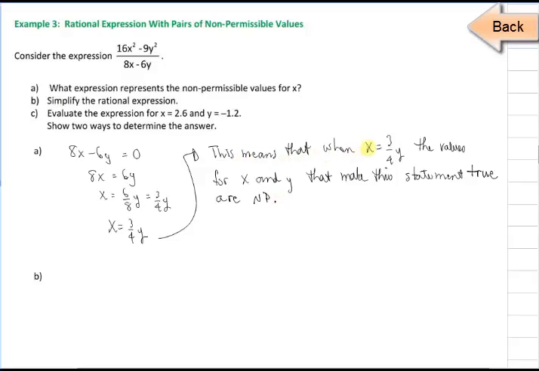So this means that when x equals 3 over 4y, the values for x and y that make this statement true are non-permissible.